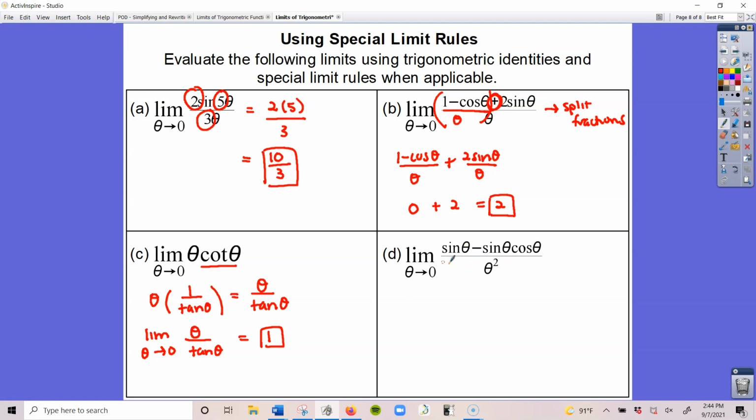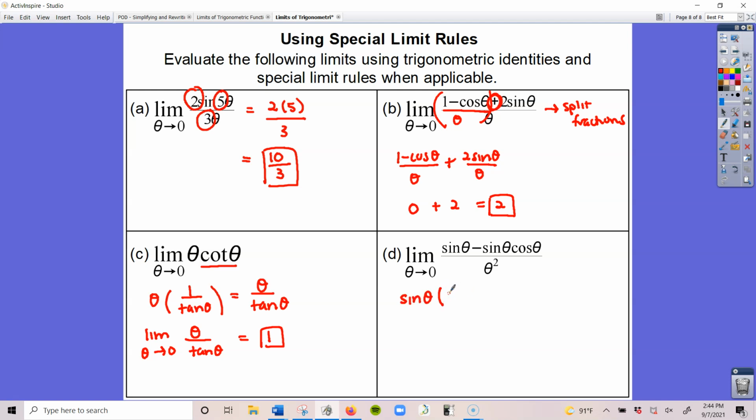Now, last one here, we have the limit as theta approaches 0 of sine theta minus sine theta cosine theta all over theta squared. Now, the first thing I notice in the numerator is that both of these terms have a sine in common. So I'm going to factor out a sine.